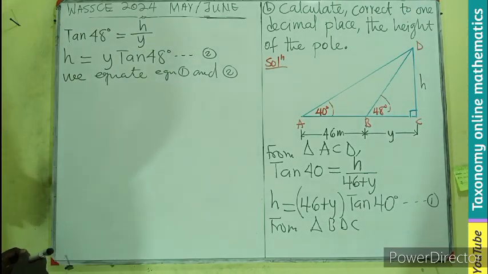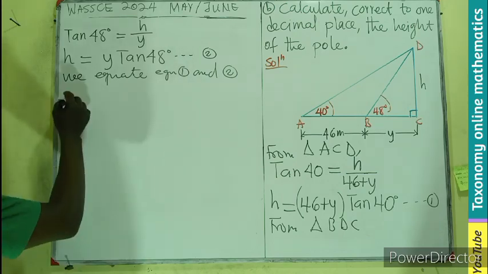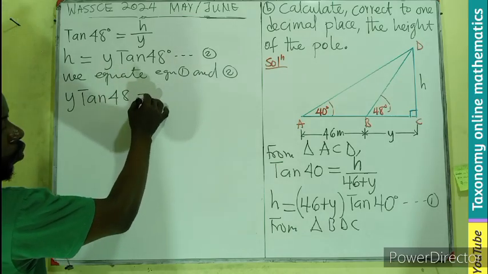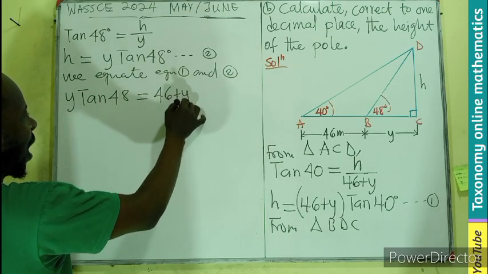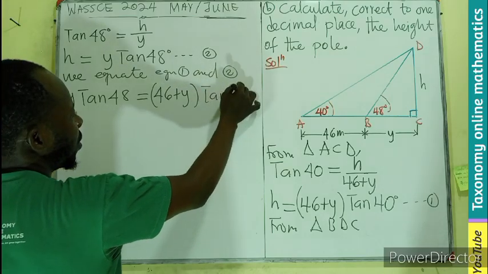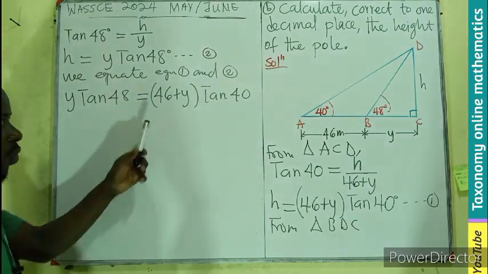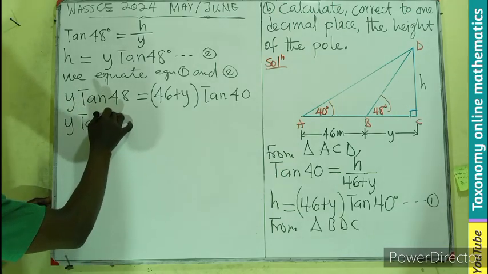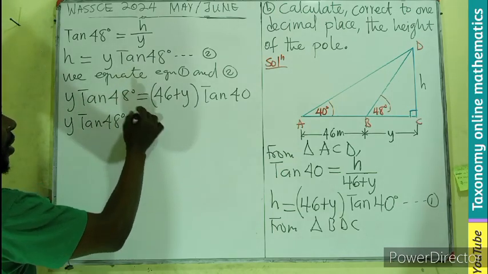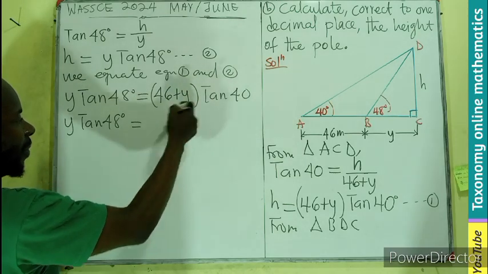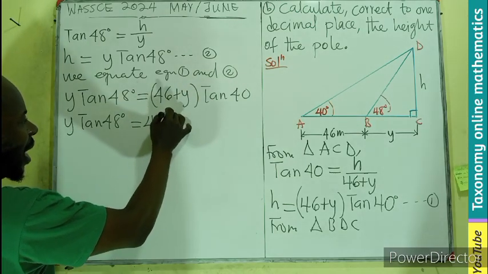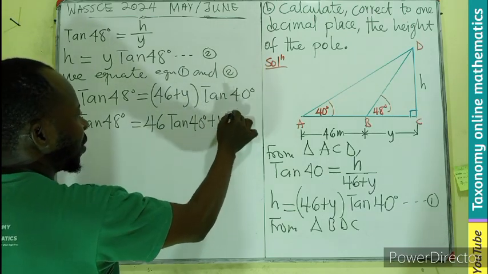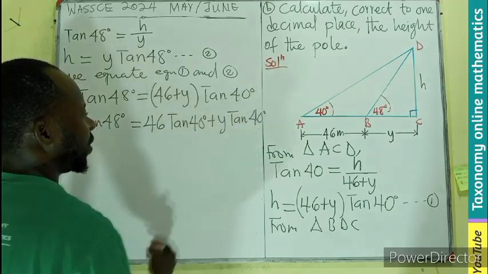Meaning, that will be y tan 48 equals 46 plus y tan 40. You know, this one is two terms, so we expand. So y tan 48 degrees equals 46 times tan 40 degrees, then plus y tan 40 degrees.